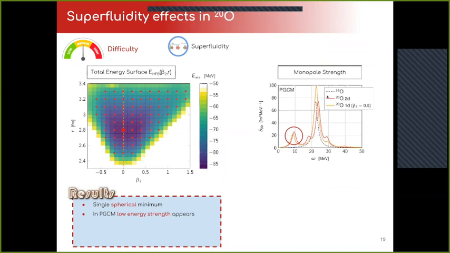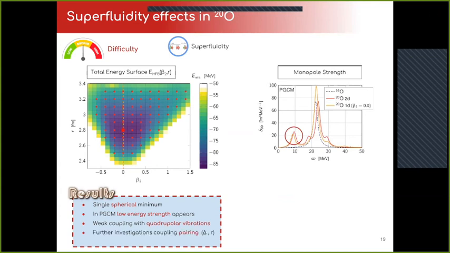And you can see that in both cases we have this low energy strength appearing, and since the two curves are different, but qualitatively similar, we expect quadrupole vibrations to play only a minor role. And the blue curve is oxygen-16 as a comparison, to show that in the previous case, this low energy strength was not appearing.